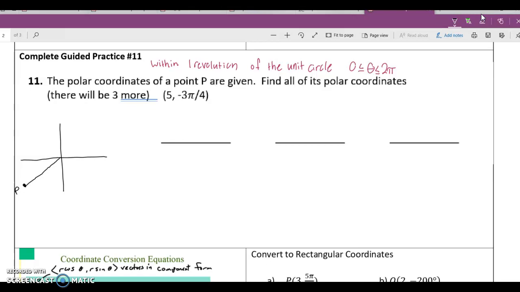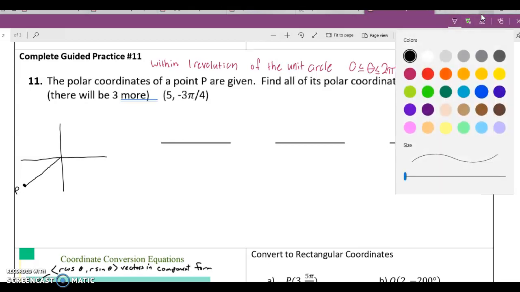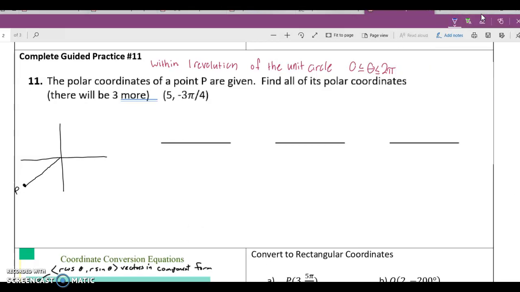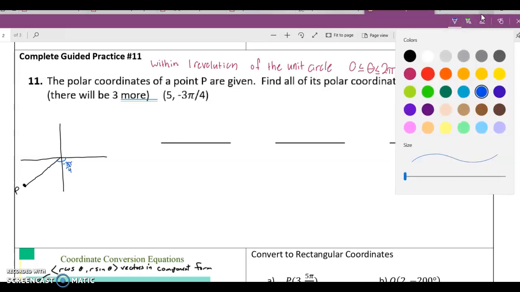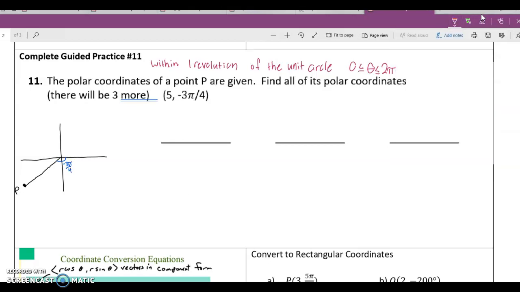So one of them is instead of having negative 3 pi over 4, so this angle right here is negative 3 pi over 4, what if we found its positive counterpart? So instead of measuring clockwise, we measure counterclockwise.